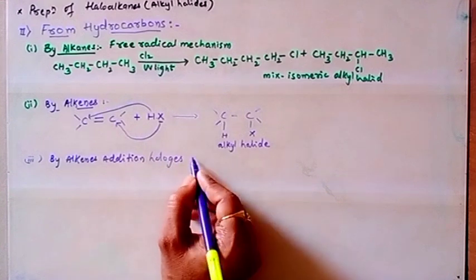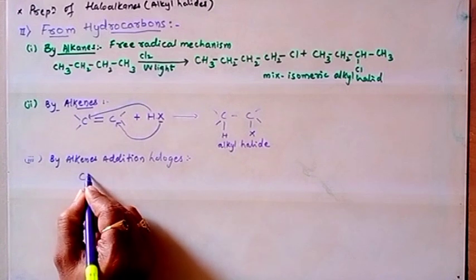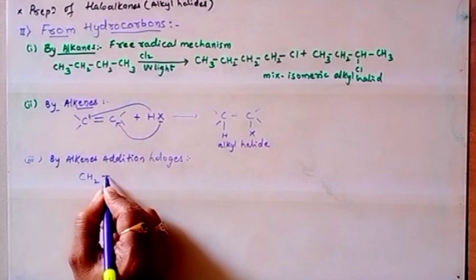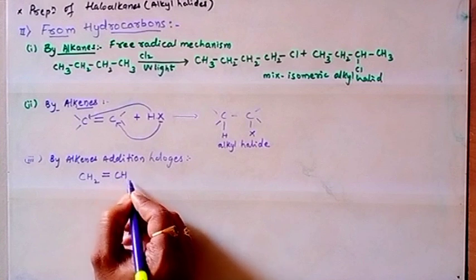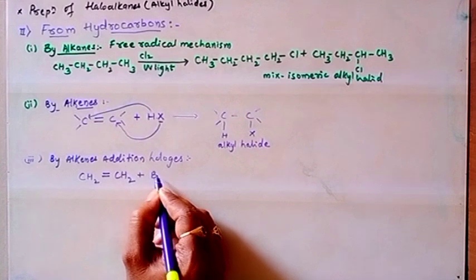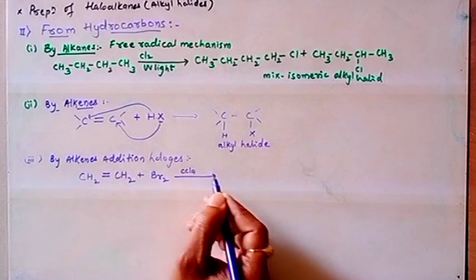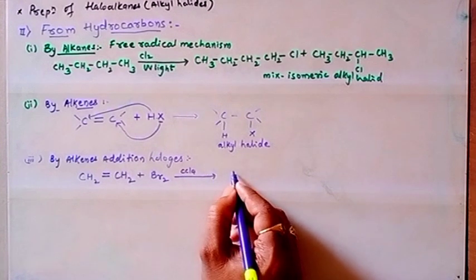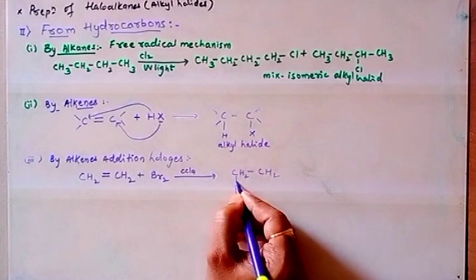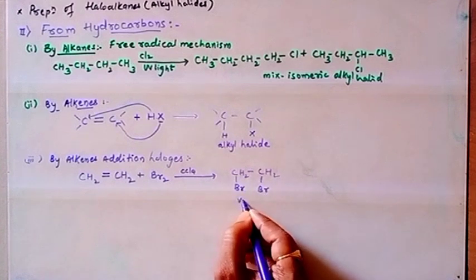When an alkene, CH2=CH2, or any alkene, undergoes halogenation, that is bromination, in the presence of carbon tetrachloride solvent, we get a vicinal dibromide.